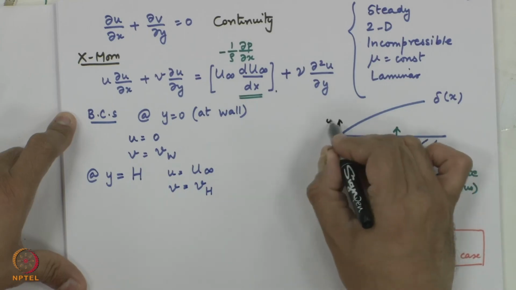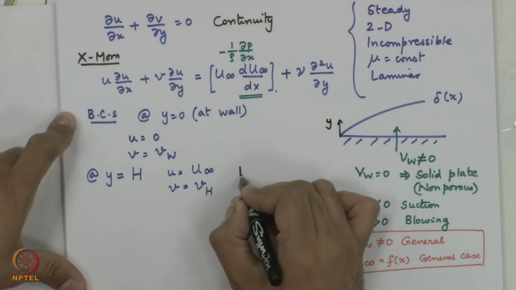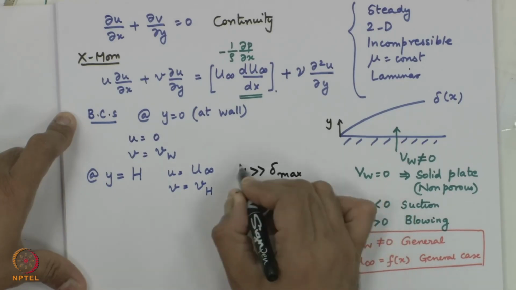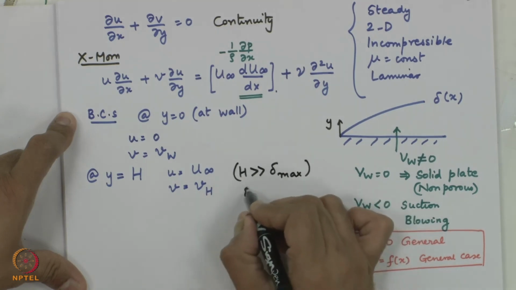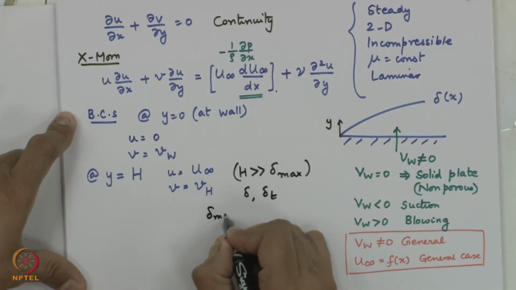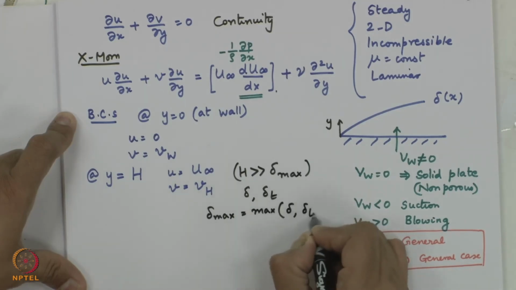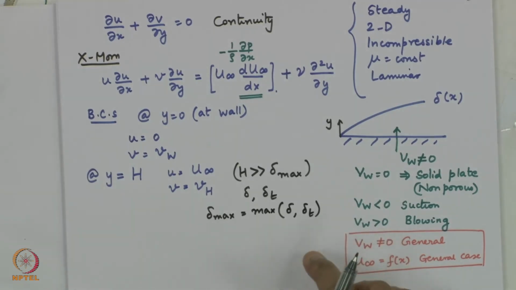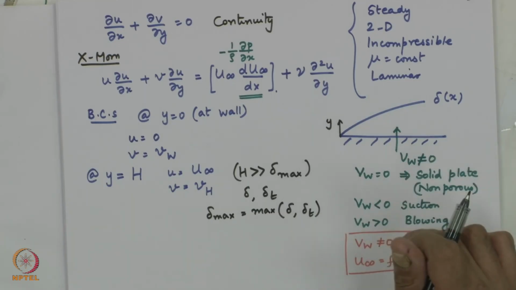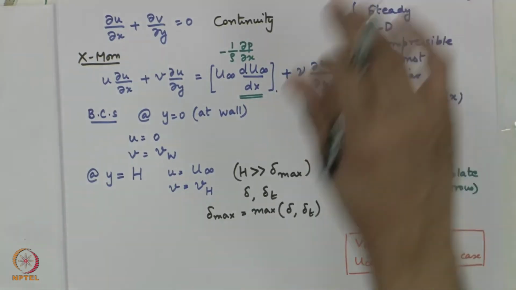So, this is your y, and h is somewhere there. h is much greater than delta max. I write delta max because I have two deltas, delta and delta t. Delta max refers to the maximum of these two, whichever is bigger, whether the hydrodynamic boundary layer or the thermal boundary layer is larger in thickness. This h is some location way above it.